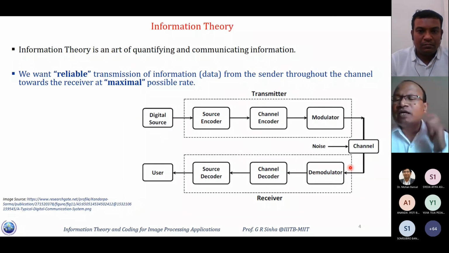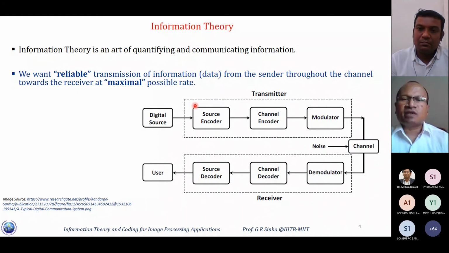This is one interesting block diagram you must have come across. It includes transmitter as well as receiver, because when we talk about analog communication and digital communication, especially in context with digital communication, you find this block diagram, transmitter and receiver.